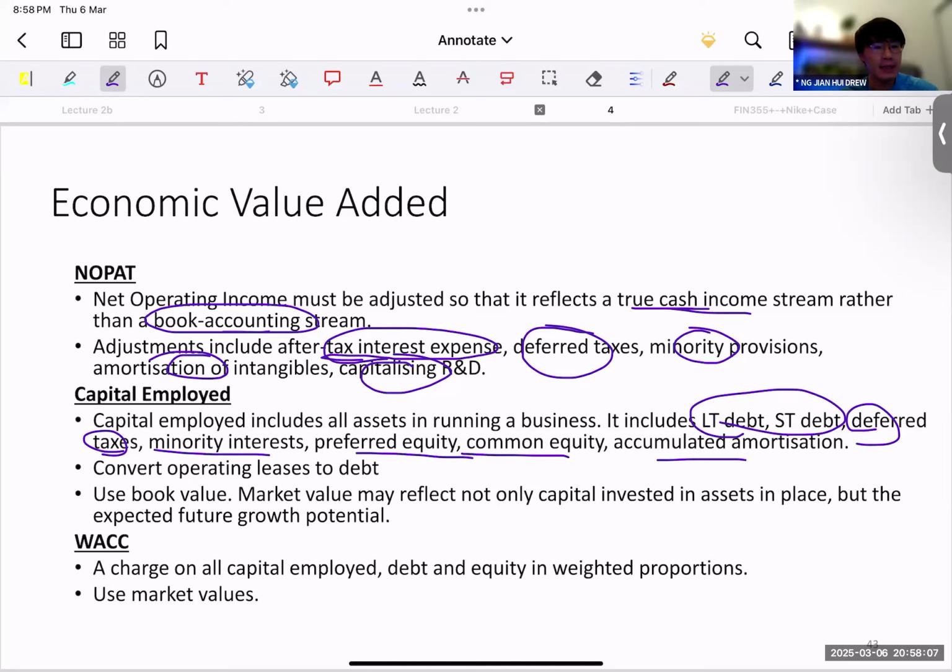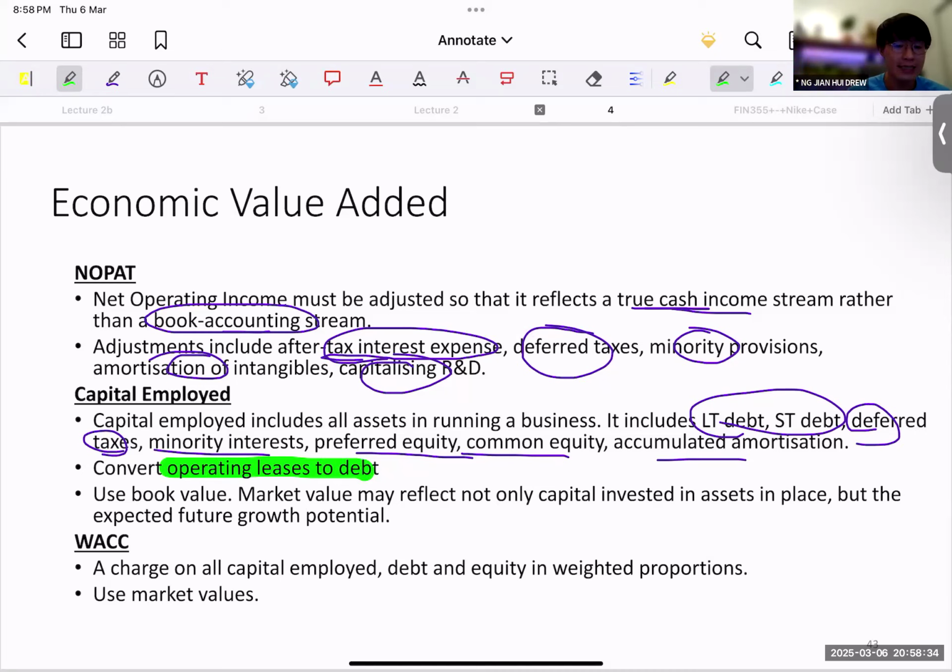On this, there's a small comment here about these operating leases. Those of you who are in accounting modules or accounting major, you know that operating leases in the Singapore FRS, particularly, are no longer allowed. So you no longer can categorize operating leases.